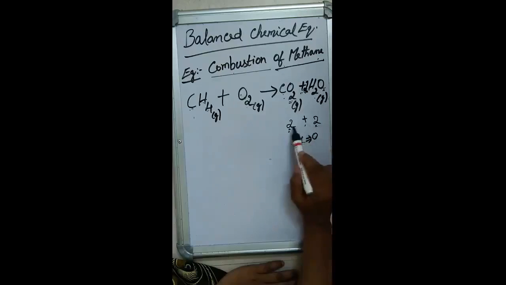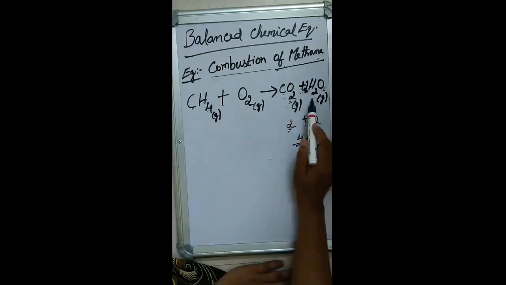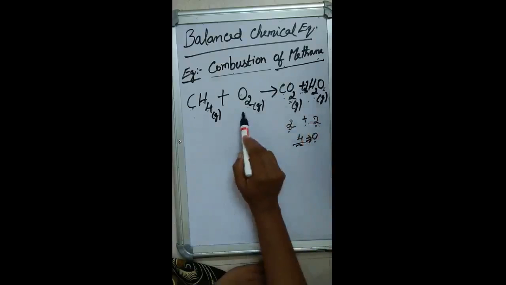Plus, it becomes 4 oxygen atoms present on the product side. So to become 4 on the reactant side, how many more should I add?